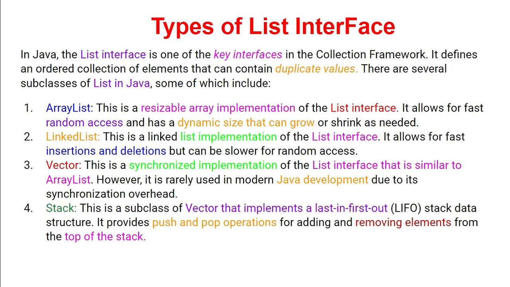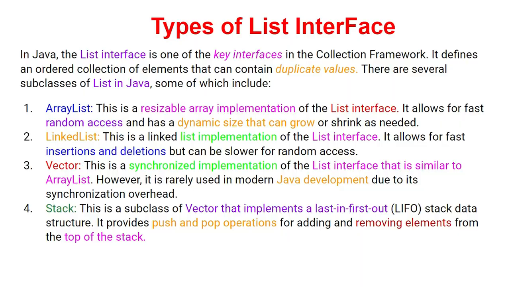So here, if you see in the vector section, this is a synchronized implementation. What do we mean by synchronized? We have seen while learning keywords, I discussed that Java has a keyword called synchronized. Synchronized means whatever data we have inside this vector, it will not allow multiple threads to access it at the same time.